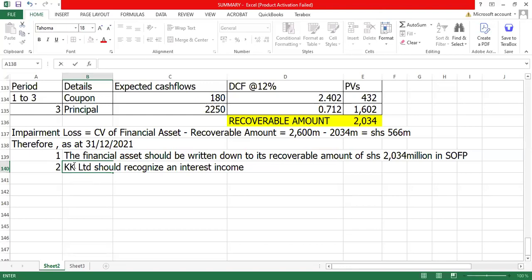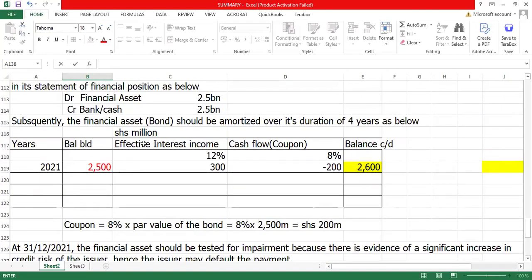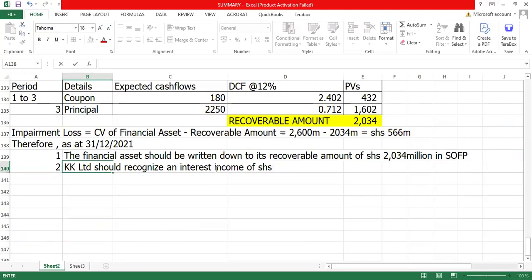You go back to your effective interest income of shillings 300 million, in the statement of profit or loss.